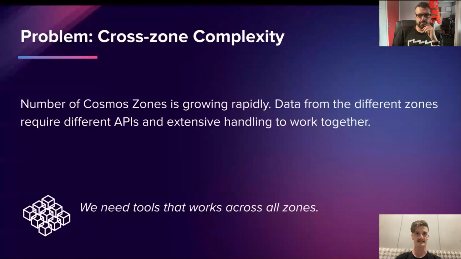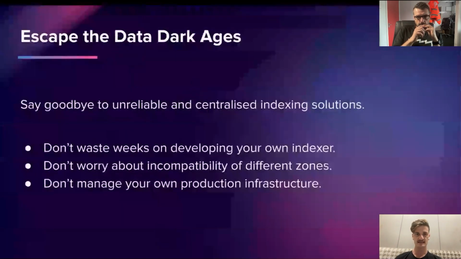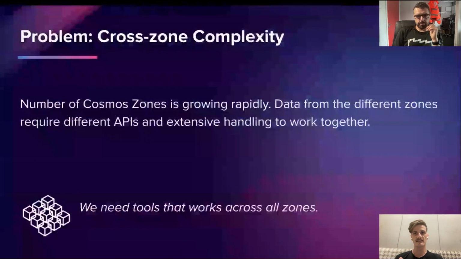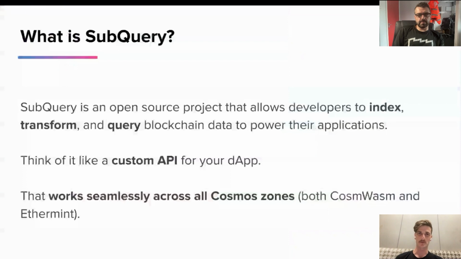SubQuery is an indexer. An indexer is a tool that constantly scans and aggregates data on a blockchain. This slide's a bit old. SubQuery is an open source project that allows developers to index, transform, and query data to power their applications.